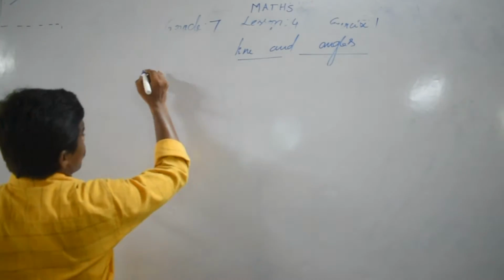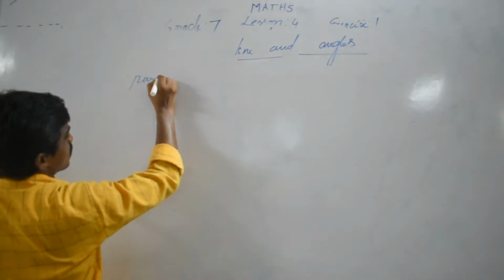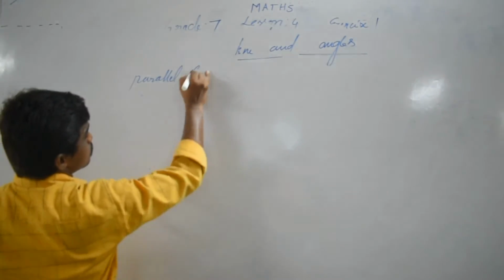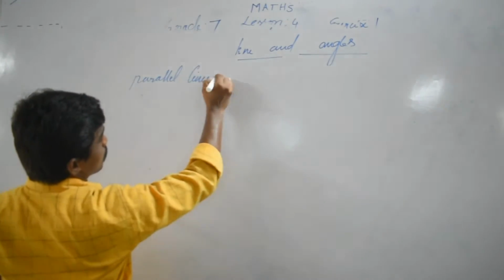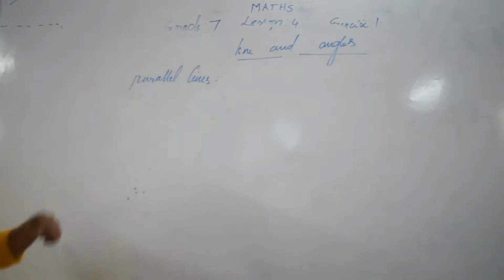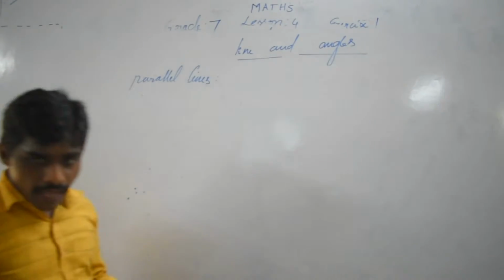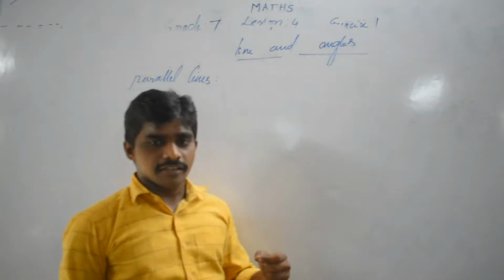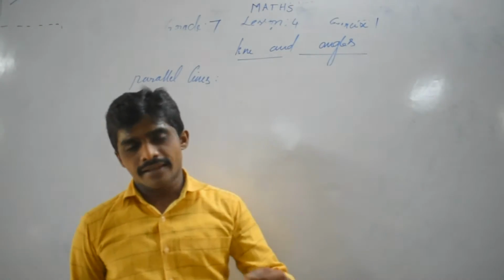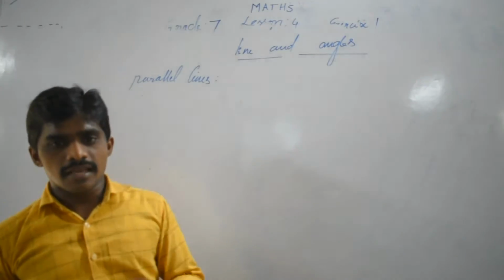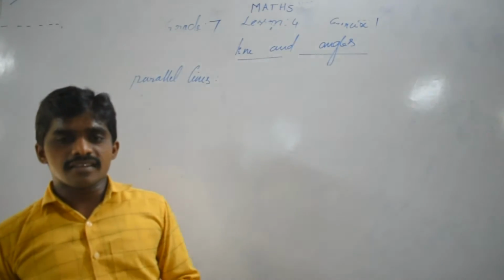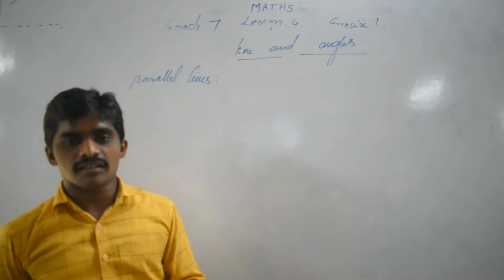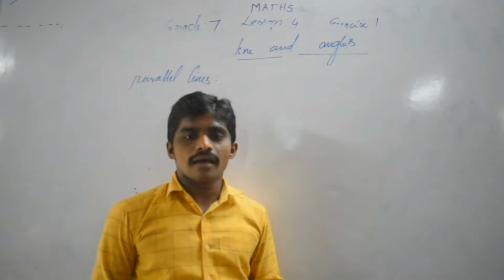Parallel lines. What are parallel lines? Two lines or two line segments starting at a point and ending at a point, maintaining equal distance. Those lines are called parallel lines.